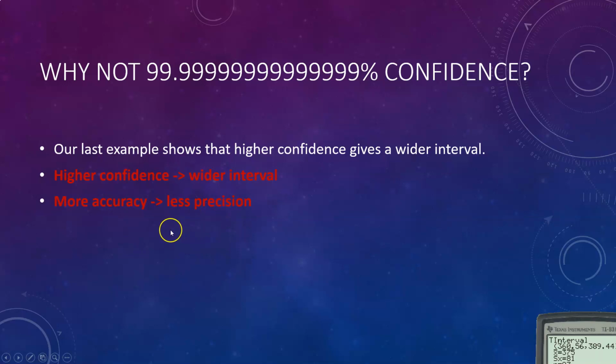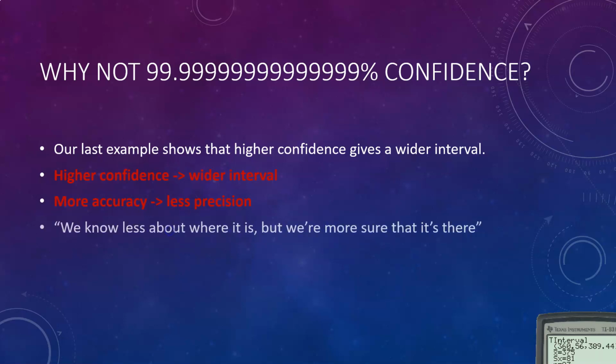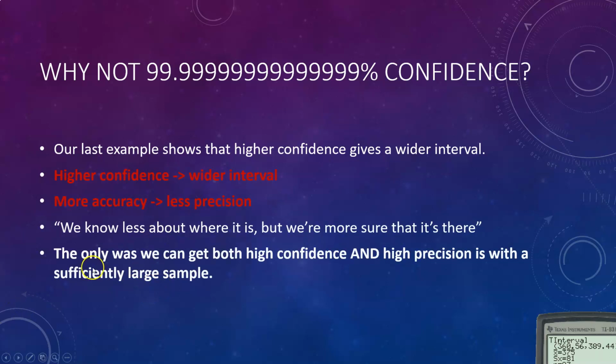Given any specific sample, you can have one or the other, but you can't have both. The way that you get both is you plan ahead and make sure that you have a sufficiently large sample. And there are actually ways of calculating how large a sample you need to achieve a certain level of confidence and a certain level of precision.